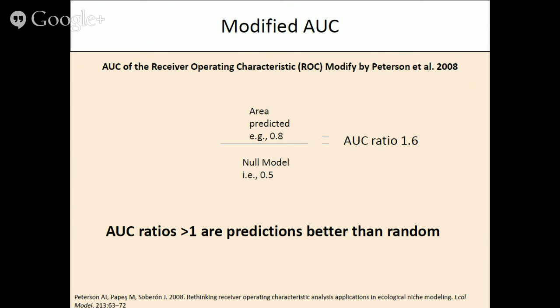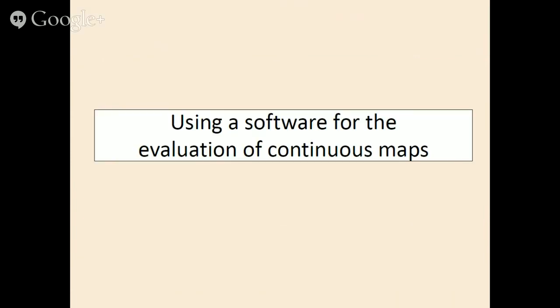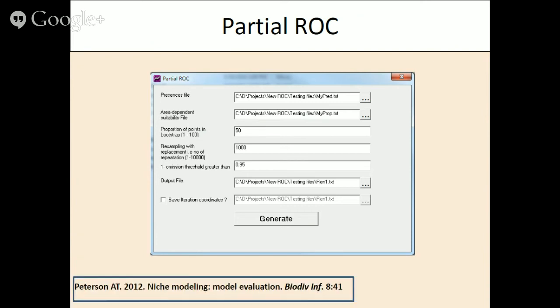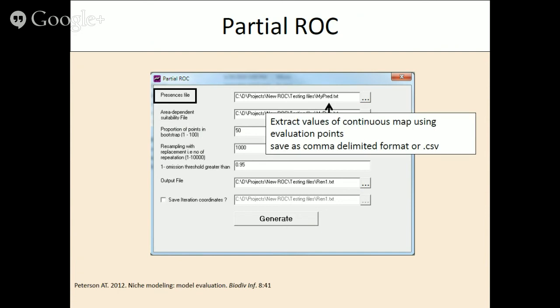So which software is available for this evaluation? Well, there is this Partial ROC software that is currently available, so you can read this manuscript that provides more detailed information about how to install the software and how to feed this software to run a model evaluation.